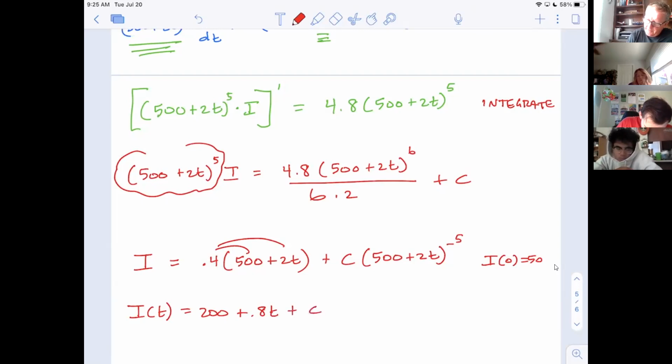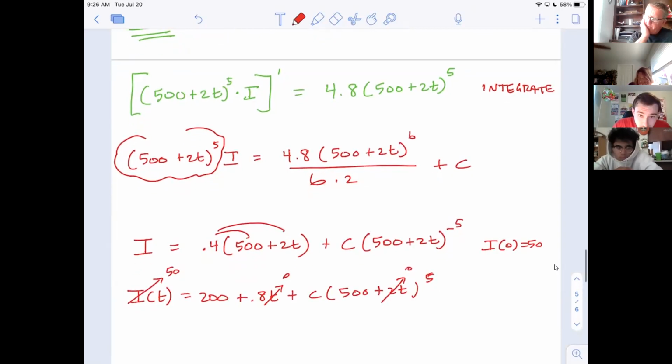And then plus c times 500 plus 2t. But t is 0, so these two terms are going away. And I is 50. So I have 50 equals 200 plus c times just 500 to the 5th power.